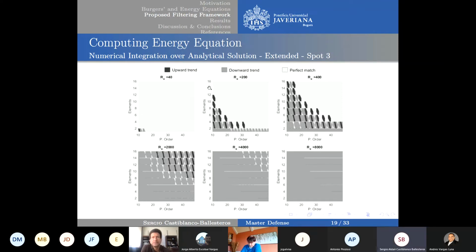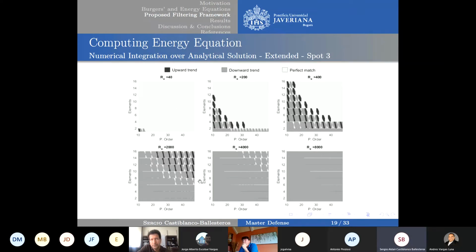Remember, this is numerical integration of an analytical solution of Burger's equation. Note the correlation with Reynolds numbers of the structure of the plot. The higher the viscosity and the lower the Reynolds number, the closer to a perfect match, which is this case right here, for Reynolds 40.